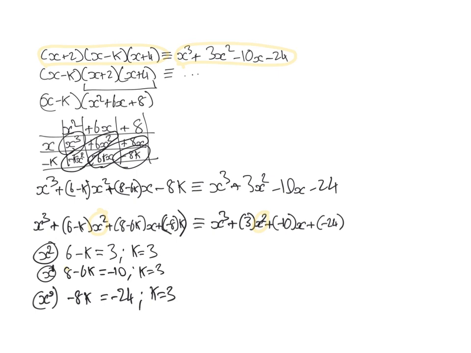But we also know for the constant that plus 2 times minus k times plus 4 has to equal negative 24. So we could have skipped straight down to that one. It only works for the highest term, the cubed, and the lowest term, the constant, because all the other terms are composite terms. They're created by adding products together, which you can see by the diagonals in the grid method. And that's how you multiply 3 binomials.